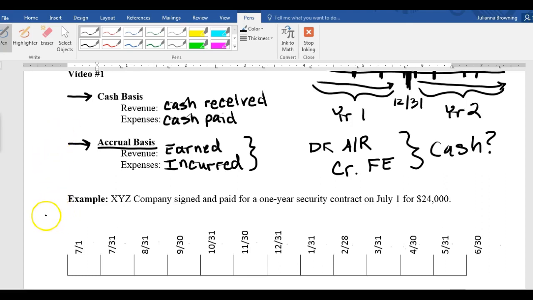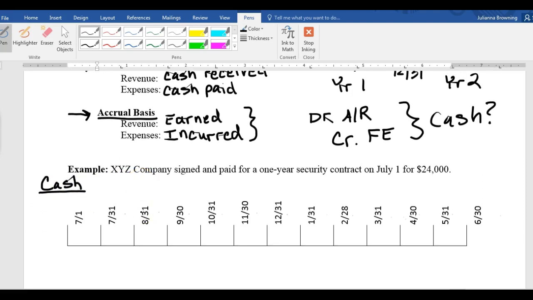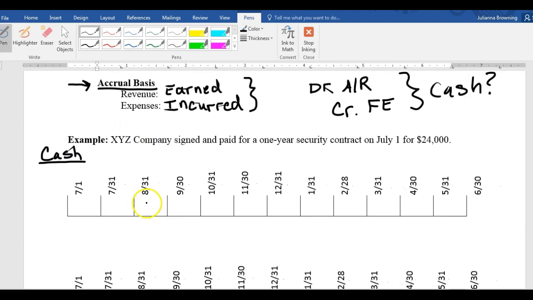So if we look at this from a cash basis first off, we will get one sort of understanding about what happens. So under the cash basis, a 1-year security contract on July 1st for $24,000, and we are going to assume that we have a December 31st year end, so we're going to have that artificial break in time here for the accounting period.